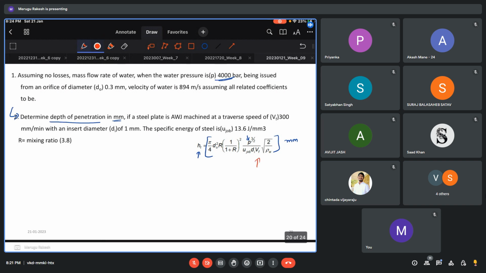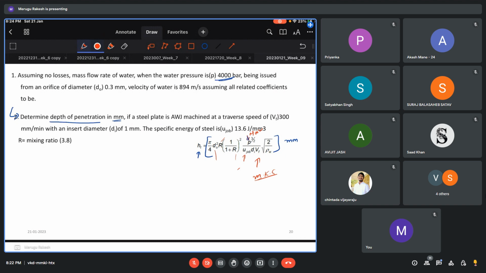You should keep everything in this formula in MKS units, you can say. So I'll come one by one. So this will be in meters. This has no units. So this pressure will be in Newton per meter square.